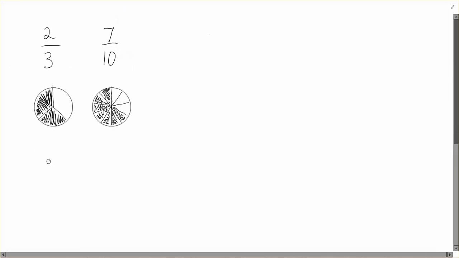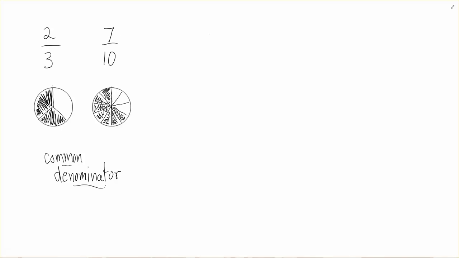So the idea of a common denominator, which is probably some language you've heard lots throughout your math career, comes in really important in fraction comparison. We're going to see it's important in fraction equivalence, and then it's also important in some fraction operations.